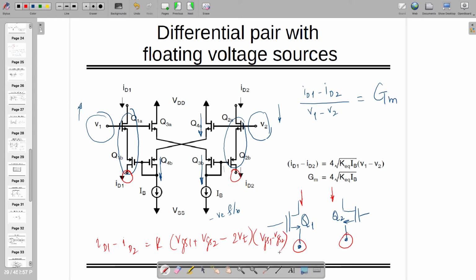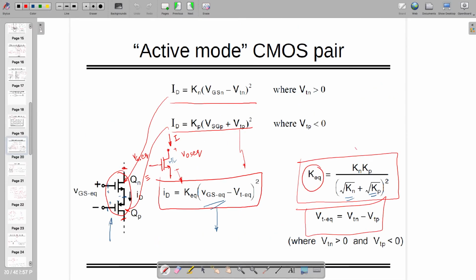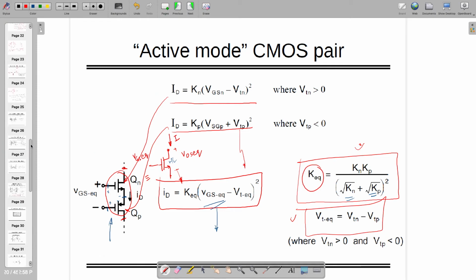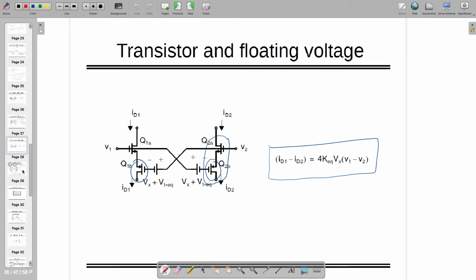You have to replace the values, you have to keep the equivalent values from this one. So you can directly plug the equations from here. So this is also one of the ways.